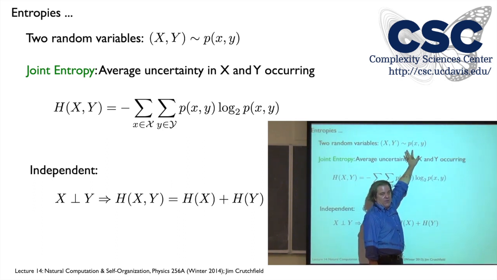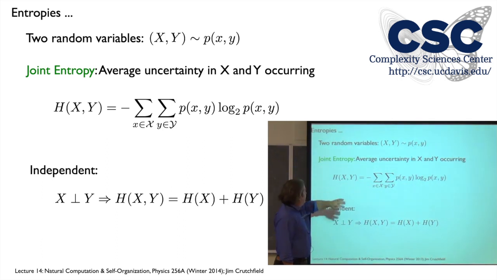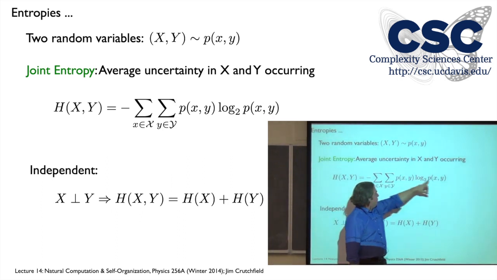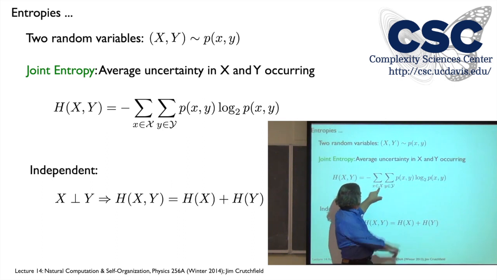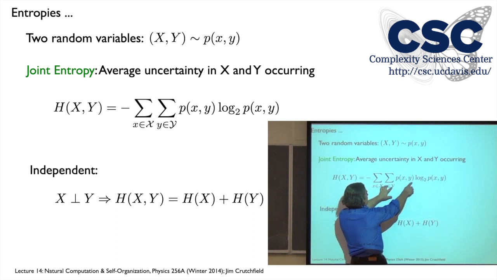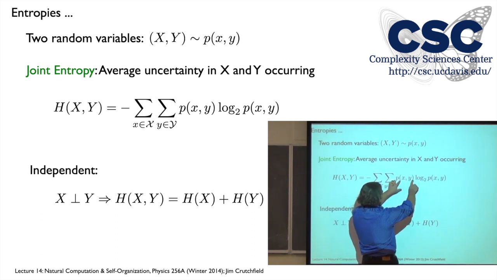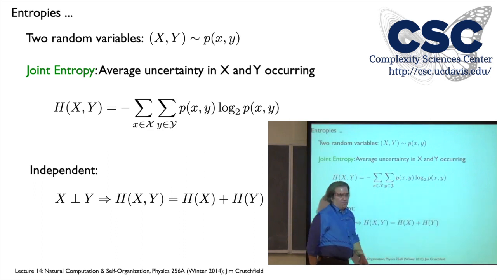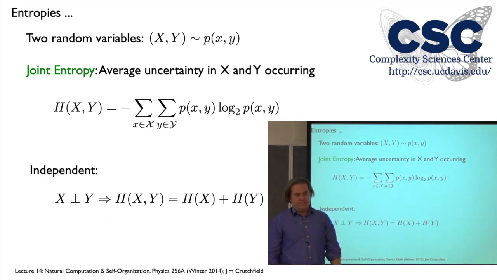I can just plug it into the formula. So we have the joint entropy. It's the uncertainty in the occurrence of pairs of events. And I just plug the distribution into the minus sum p log p formula. I'm summing over all possible pairs of events, weighting them by the joint probability, but it's still the minus log probability of this compound event formula.